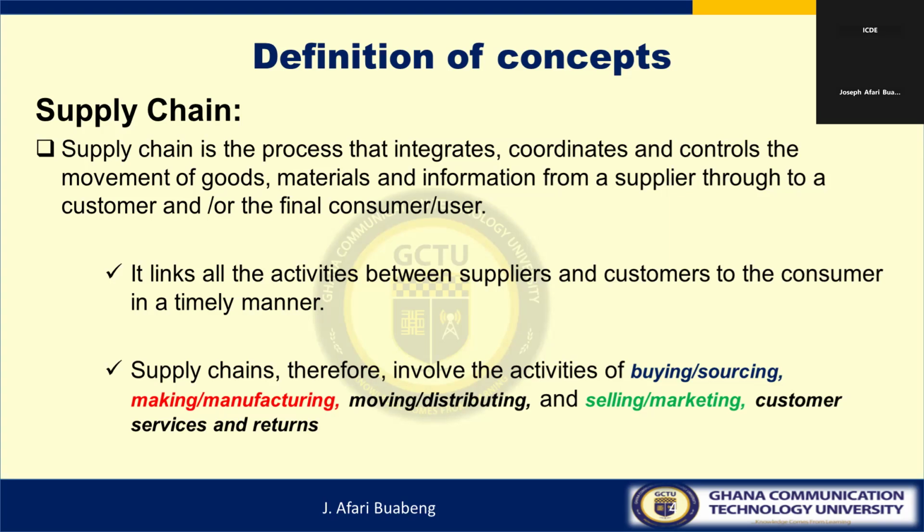Do you know where Nestle Ghana is located? Tema. Good. So once the cocoa beans are procured, we need to transport the beans from the farm, from wherever, to the company's site. Okay, so there's a movement.